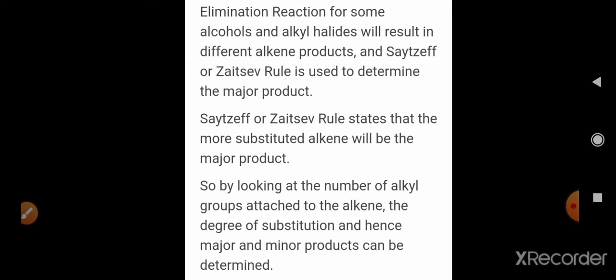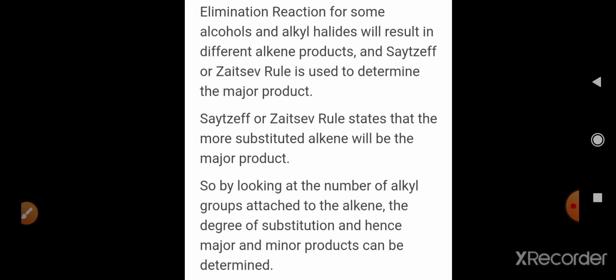Now in elimination reactions, you already know the elimination reactions of alcohols and alkyl halides. In alcohols, it is a dehydration type of reaction. In alkyl halides, it is a dehydrohalogenation type of reaction.